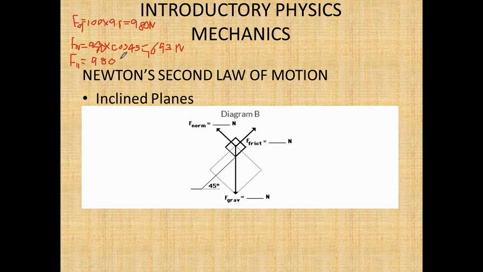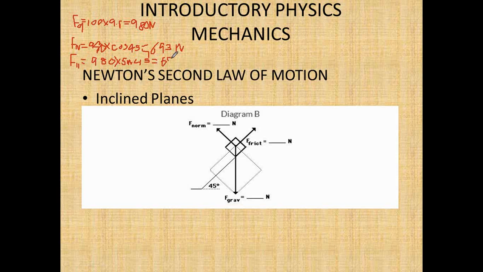So it's 980 times the sine of 45. So you take your calculator, and what you're going to find is that the sine of 45 and the cosine of 45 is the same number. So it's 0.71. So you're going to get 693.